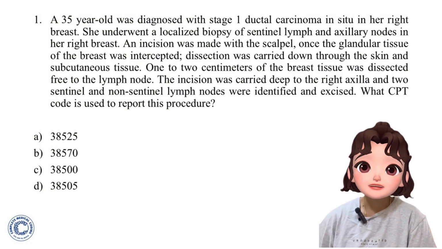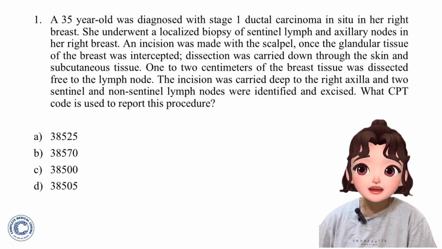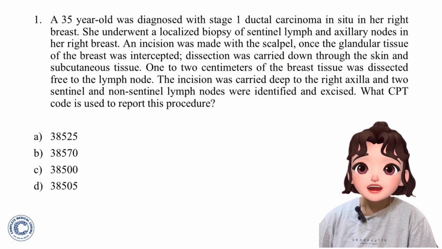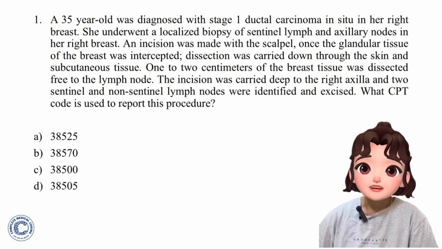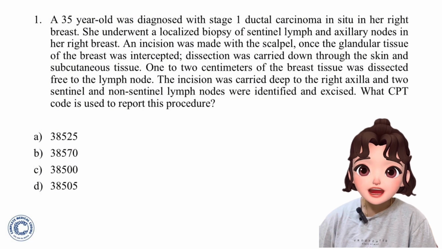A 35-year-old was diagnosed with stage 1 ductal carcinoma in situ in her right breast. She underwent a localized biopsy of sentinel lymph and axillary nodes in her right breast. An incision was made with a scalpel.